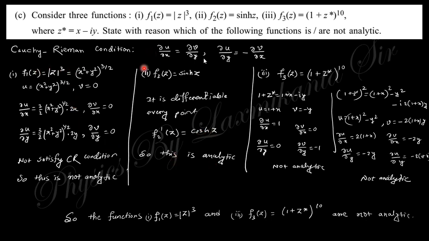But in case of 1 and 3, they cannot satisfy the Cauchy-Riemann condition. You know the Cauchy-Riemann condition: del u del x equals del v del y and del u del y equals minus del v del x. These two conditions are not satisfied in case of 1 and 3. So directly you can say 1 and 3 are not analytic.